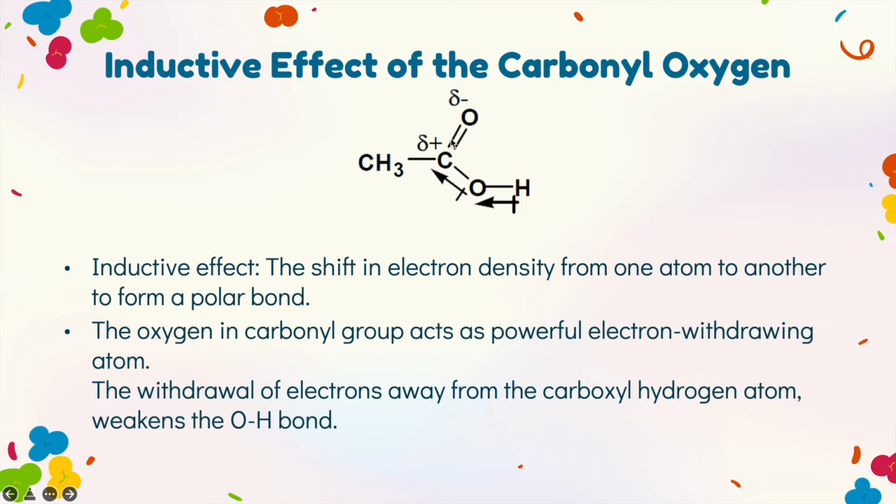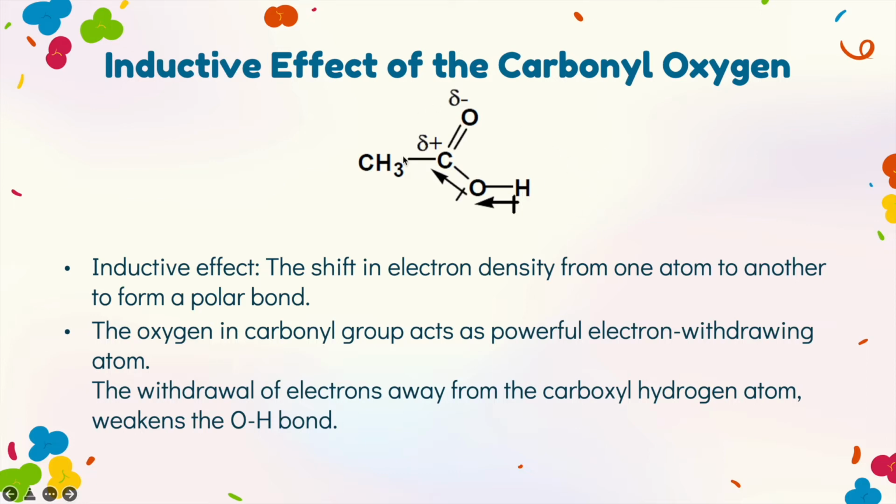When this happens, the OH bond becomes weaker, because the electrons are attracted toward this oxygen. When this OH bond becomes weaker, it makes the carboxylic acid easier to release the H plus, because this bond is weak, so it's easy to release this H plus.